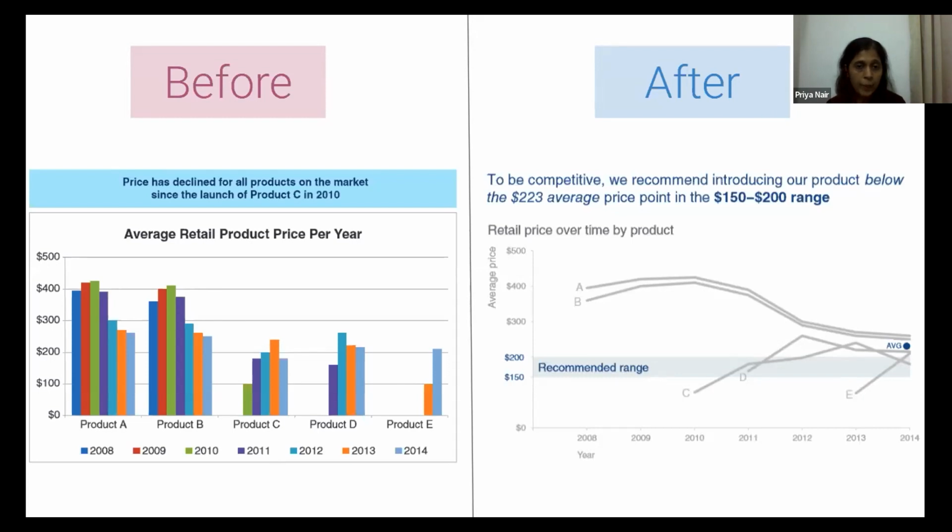One is when we have to recommend a price range, we have to compare the trends of various products, right? Which are already there in the market. What were their trends, and that trend has to be over a period of time. And also it has to be a comparative thing, right?